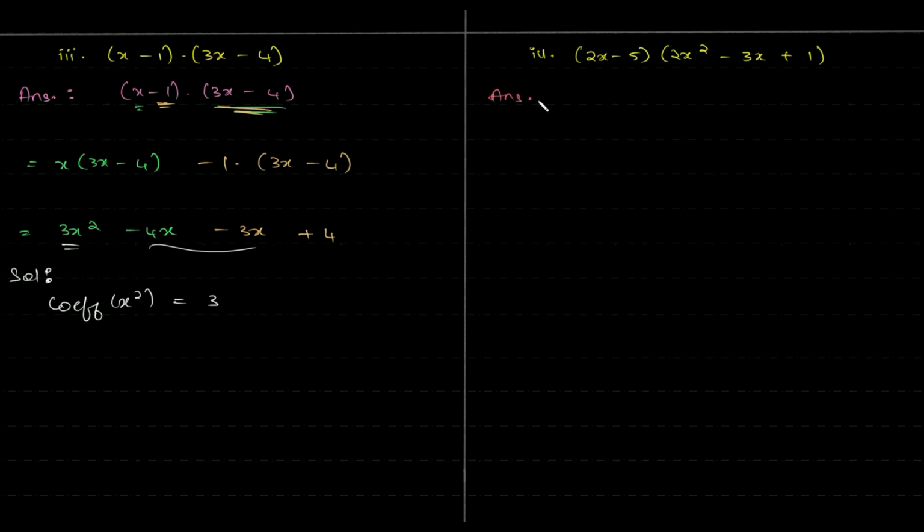Now, the last question. Here too, we can't just write what is the coefficient of x square because we need to simplify this. Use distributive property and multiply with all of this. So 2x times of 2x square minus 3x plus 1 and then multiply minus 5 with same expression.